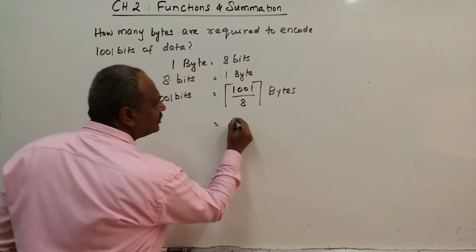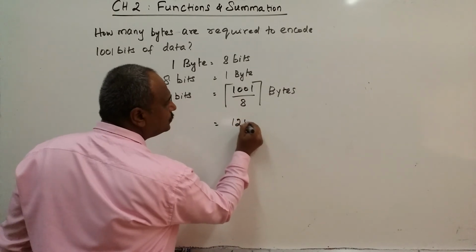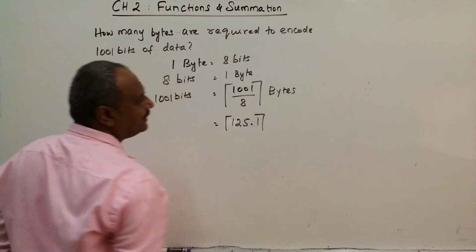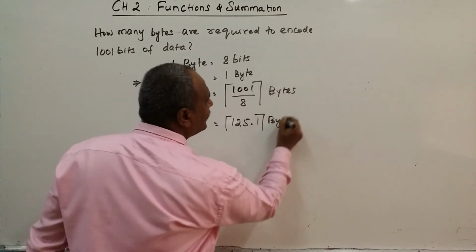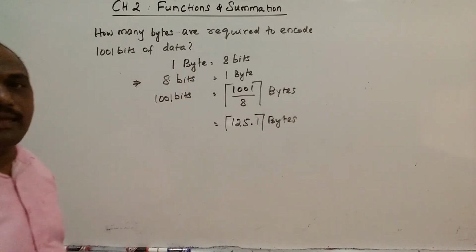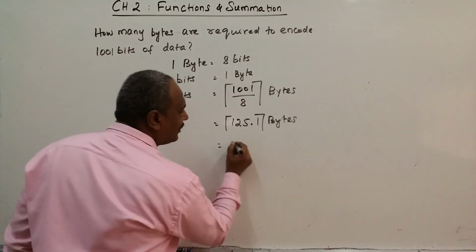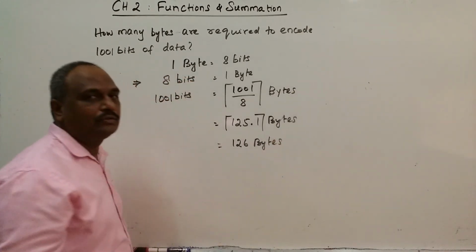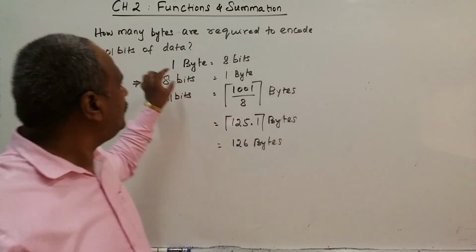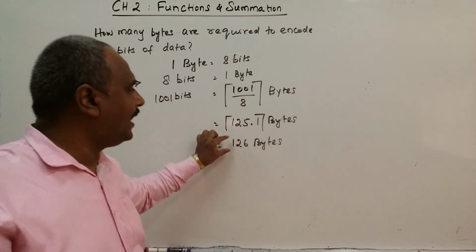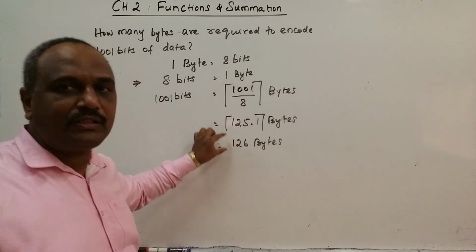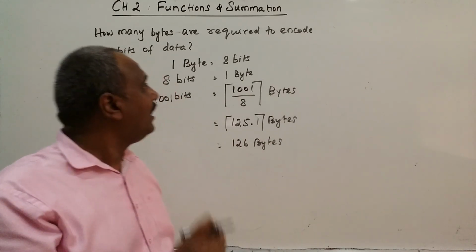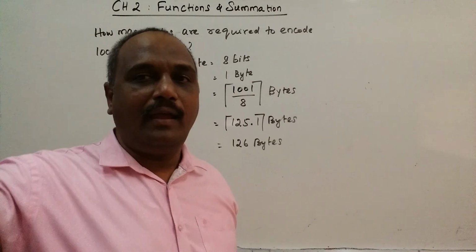This is 125.1, ceiling. The nearest whole integer above 125.1 is 126 bytes. So the basic idea: take the number of bits, divide by 8 and find the nearest ceiling value. This is called encoding.